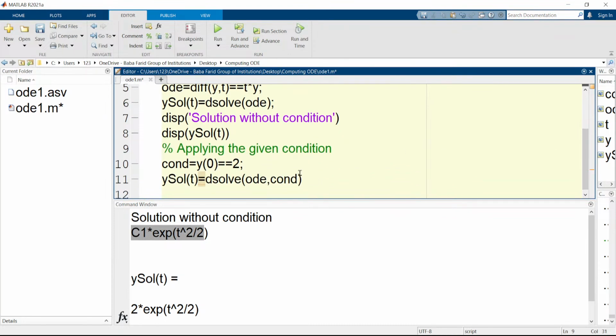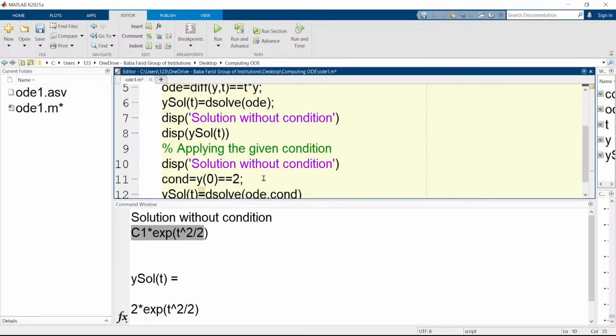Okay, and this one, solution with condition. Sorry.